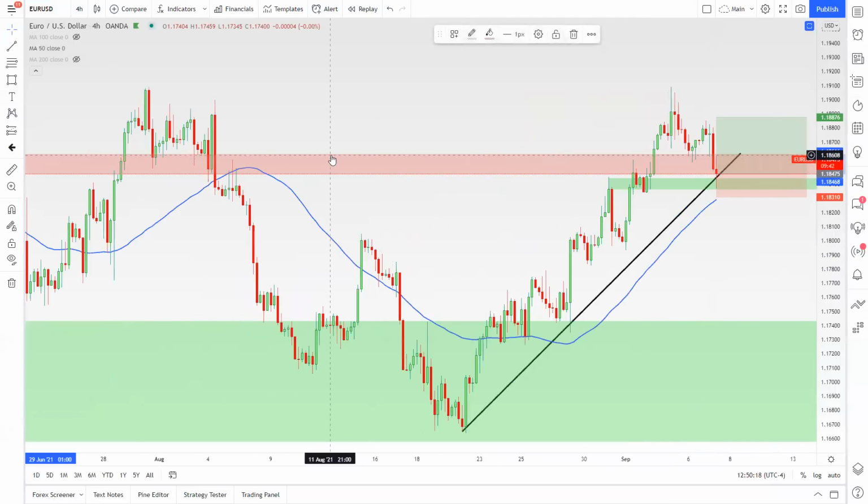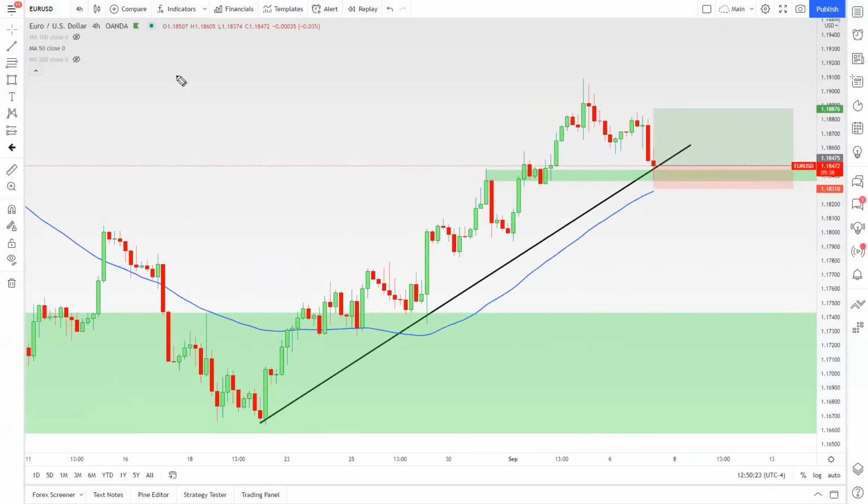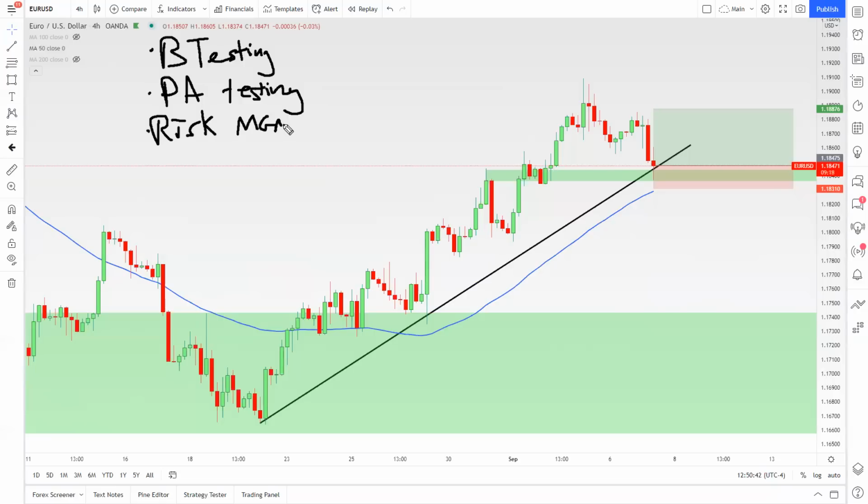Sounds good. Okay, so let's recap where we're at. We talked about backtesting. Very, very important concept. We talked a little bit about price action, specifically with backtesting. We talked about risk management and drawdowns.